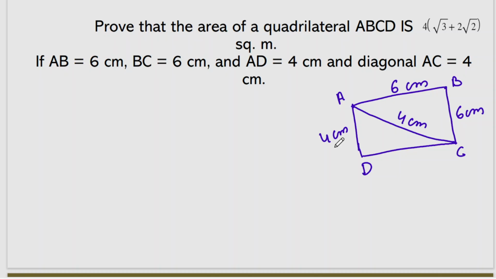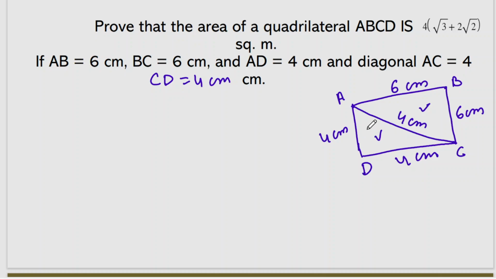So how will you find the area of this quadrilateral? Let us first think of some triangle concept. Here we are missing a piece of data also. One data that is missing is that CD is also given as 4 centimeter. So keep it as 4 centimeter. Now you have got two triangles, this and this.